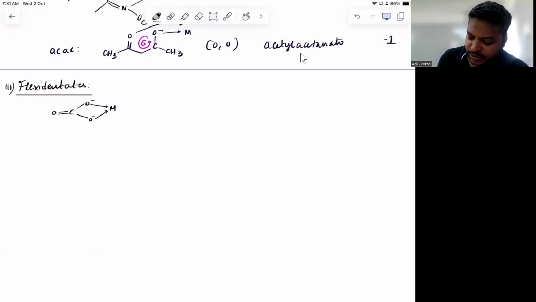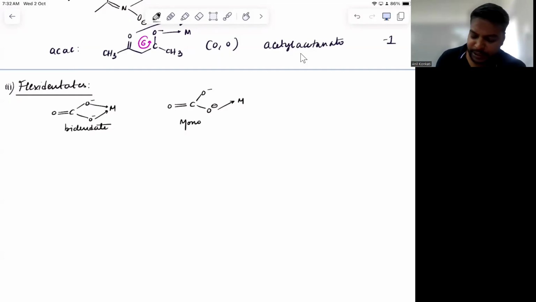In such cases, this can make a coordination with both the oxygens, or it can make coordination with only one oxygen. So here it is acting like a monodentate. Here it is acting like a bidentate. Clear?